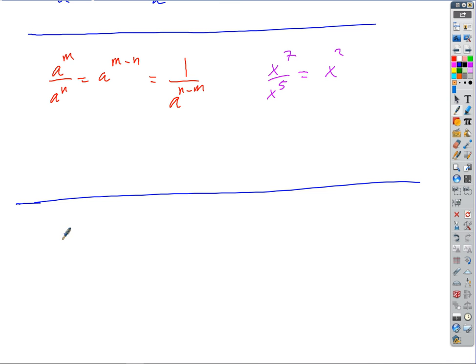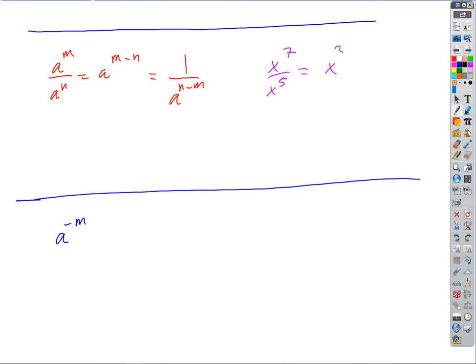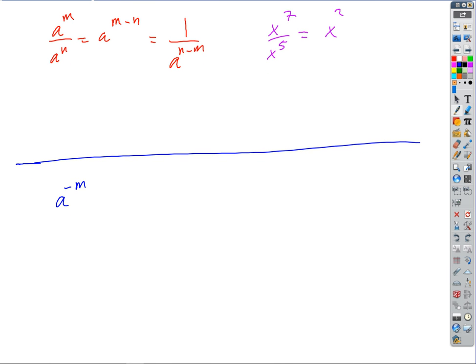Let's add another quick property up here. Real quick, what happens if I have a to a negative exponent? Remember? 1 over a. Okay. This equals 1 over a to the m. And along with that, if I have 1 over a to the negative m, what's that equal to?